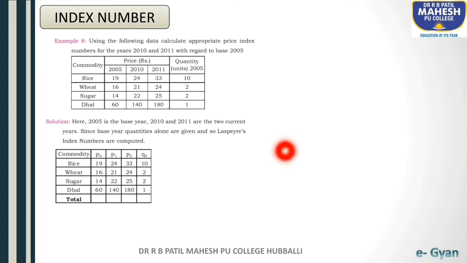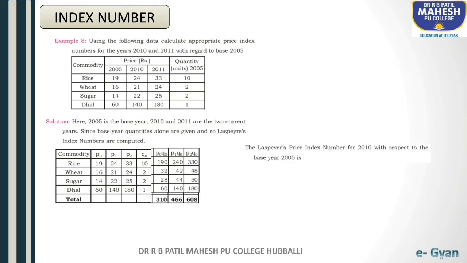Write the given things here. Price of 2005 is the base year price P0. Price of 2010 is current year price P1, and price of 2011 is current year price P2, because two current years are given. Then quantity of 2005 means these are base year quantities Q0. So we have to apply Laspeyres formula.